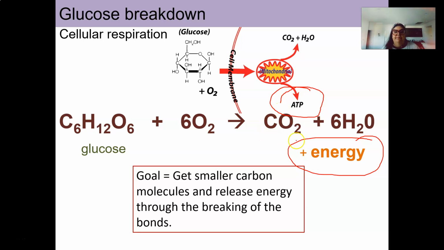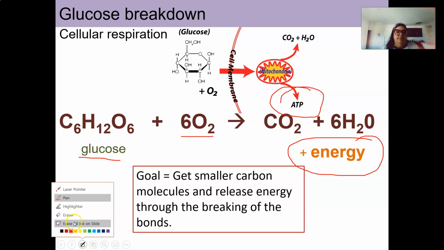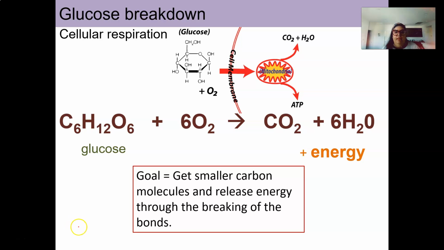So this is what's happening. We eat, we breathe, and our cells convert things into CO2, water, and energy. And it's beautiful. So the goal of cellular respiration is to get smaller carbon molecules and release energy through the breaking of bonds.